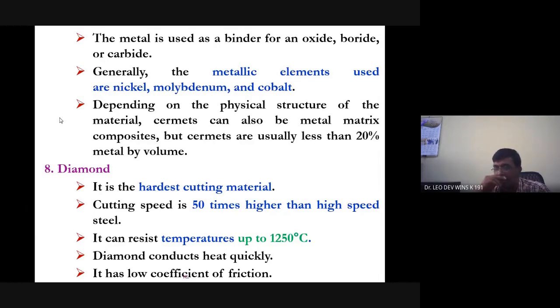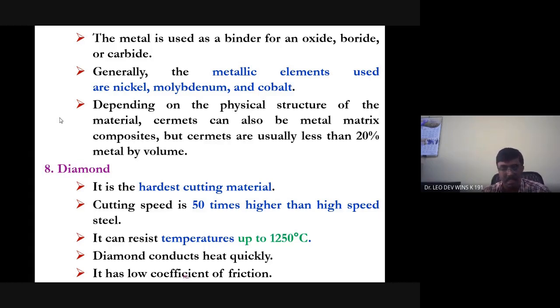A very good example is aluminum matrix composite or magnesium matrix composite, where aluminum is mixed with ceramic powders such as aluminum oxide, silicon carbide, titanium oxide or titanium carbide. In the same way here, we are mixing both metal and ceramic in the form of a composite material.